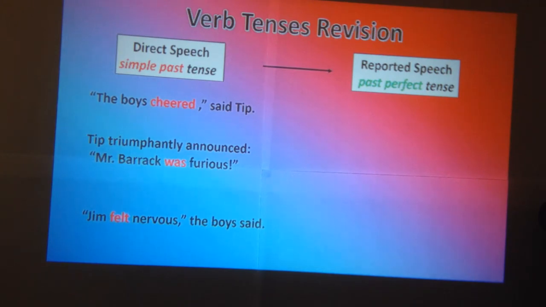And to put these sentences into reported speech, we need to think of the past perfect tense. So the first one, Tip said that the boys had cheered. Notice "had cheered". I've put it into the past perfect tense, and I've also removed the speech marks and turned the sentence the other way round.